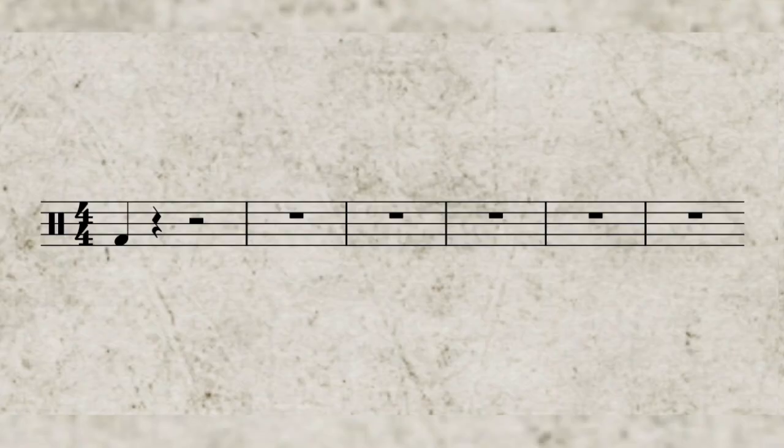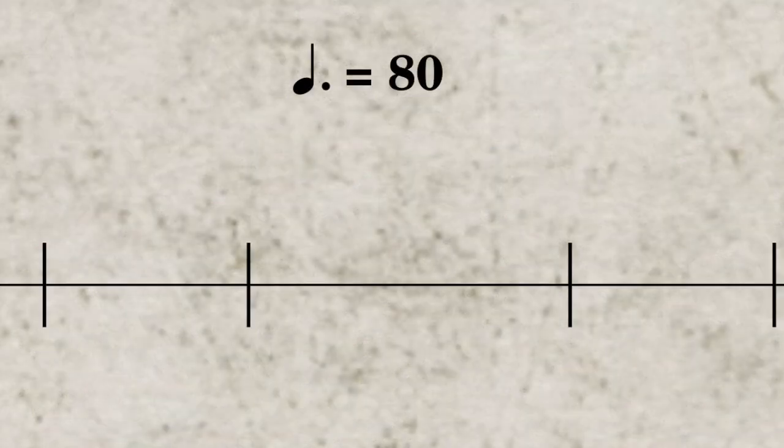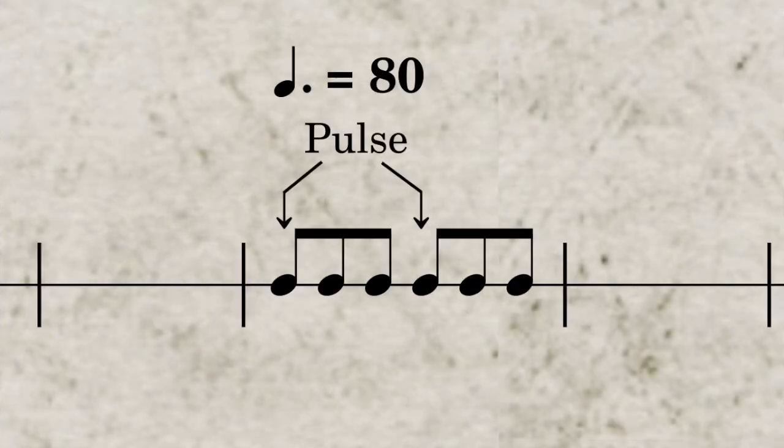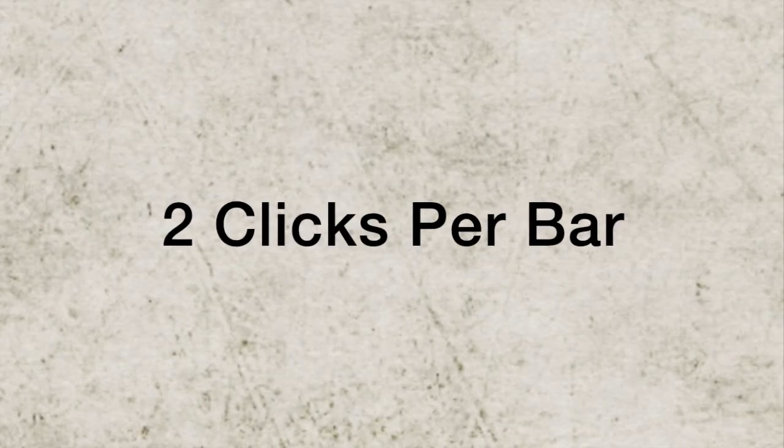A dotted note symbol may be used as the unit in the tempo marking, in which case the normal division of each pulse is 3 rather than 2. The time signature may be 6/8, and in that case the tempo unit is usually a dotted quarter, and the metronome will mark 2 clicks per bar.